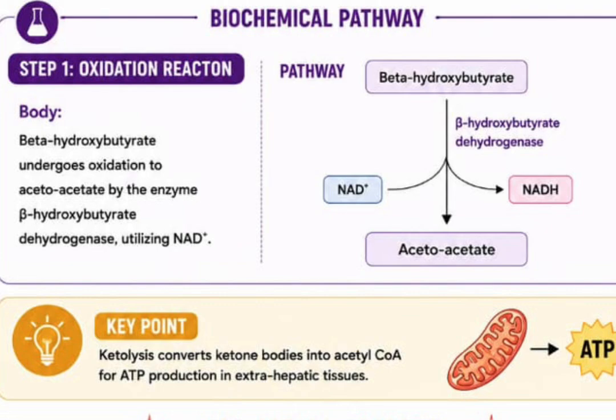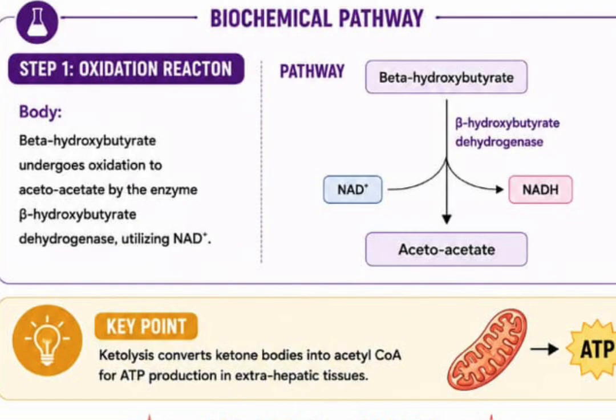It's still a dehydrogenase reaction, but in the first reaction there was a reduction, and here there's oxidation. So now that I've utilized my beta hydroxybutyrate, I've reoxidized it back to acetoacetate while reducing NAD plus to NADH by the enzyme beta hydroxybutyrate dehydrogenase.